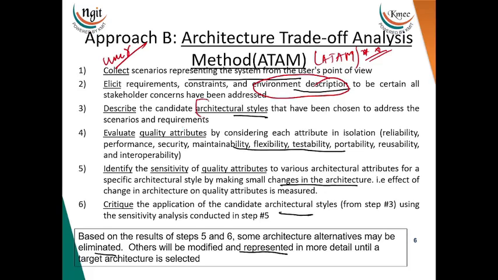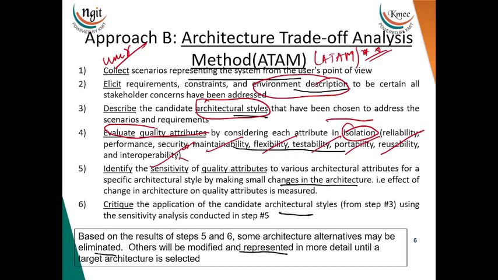Describe the candidate architecture styles chosen, and how the stakeholders chose them. Evaluate quality attributes like security, maintainability, flexibility, testability, portability, reusability and interoperability, considering each one isolated from the others. How are you going to evaluate that?